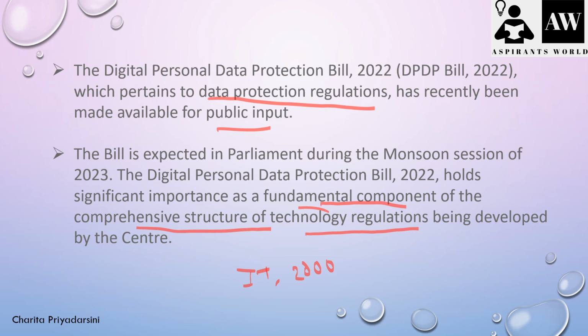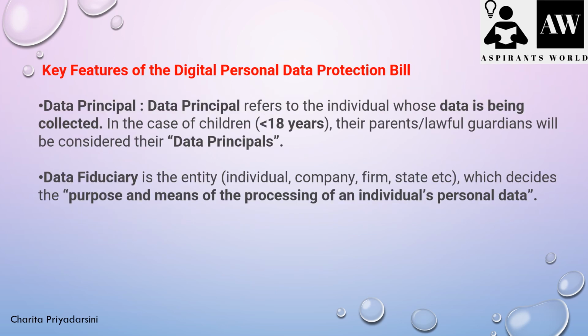So, after the Cabinet has given the approval to the draft bill on July 5th, now it is expected the bill is going to lie on the table of the Parliament in this monsoon session. With this importance and with this introduction, let's see what are the highlights of this bill.